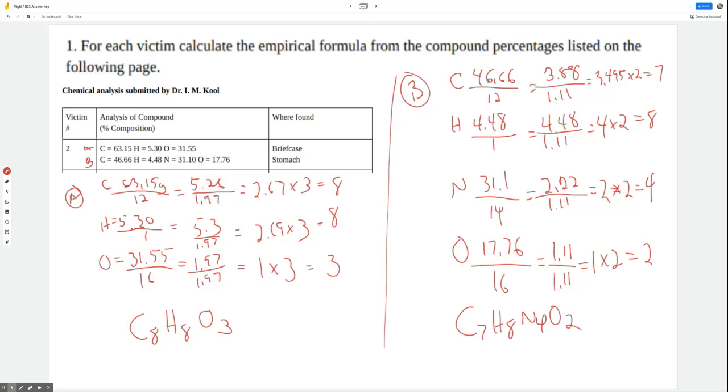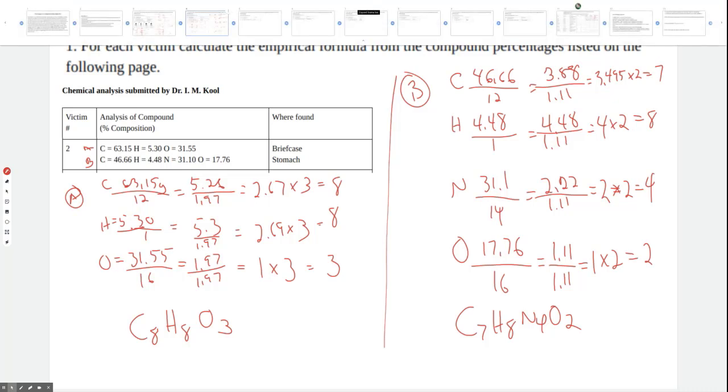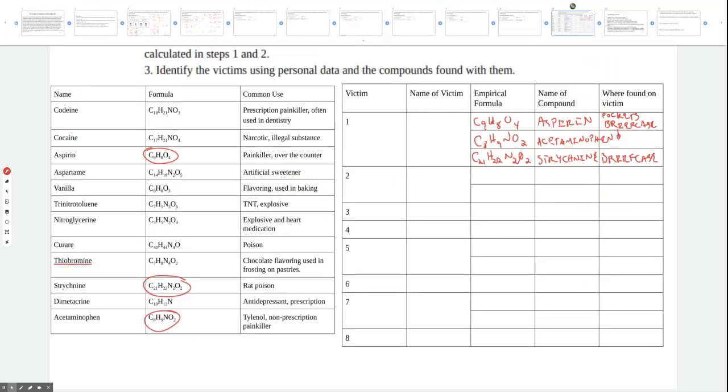So let's go to our chart. Fill in victim number 2. Okay, we have C8H8O3. And we have C7H8N4O2. All right. This C8H8O3 is vanilla. Okay.